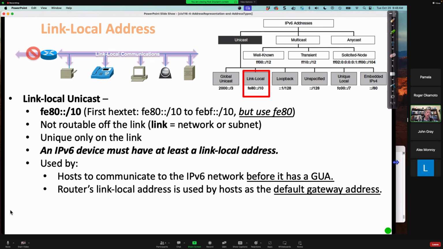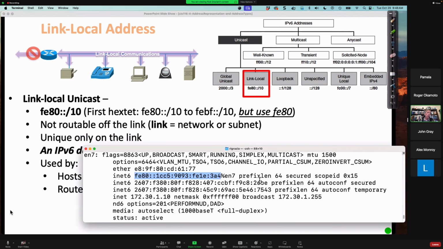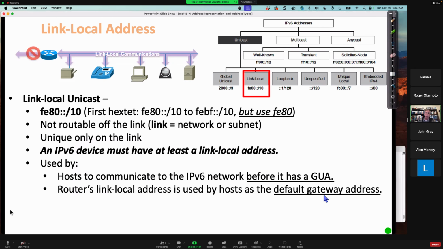is my default gateway, and I'm going to use its link local address to send packets to. Your default gateway has to be on your link. When we say link, we mean your network. Your router has to be on the same network as you.